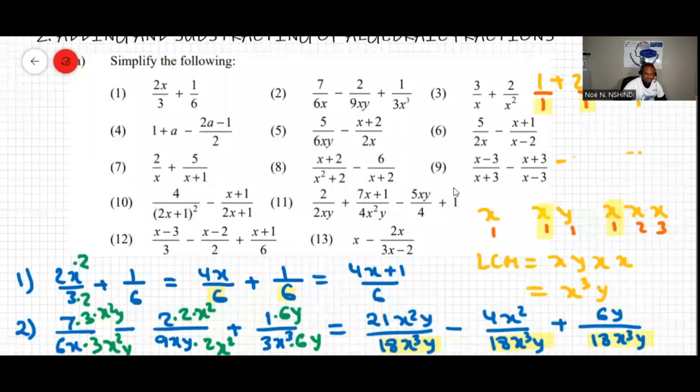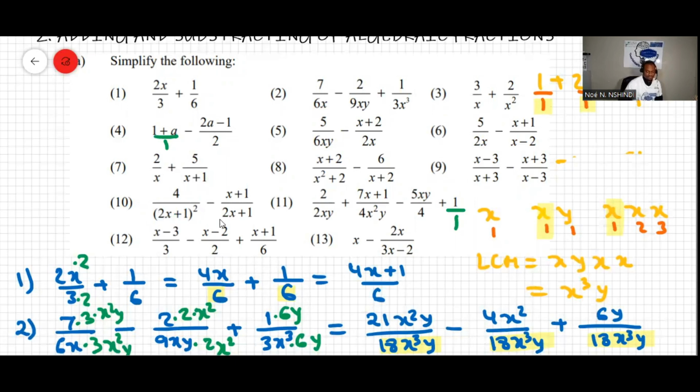So the same way we can do the rest of the questions. Okay. When you don't see a denominator like over here, understand this one. We did it over here, but question 4, over here, it is of the form a squared.